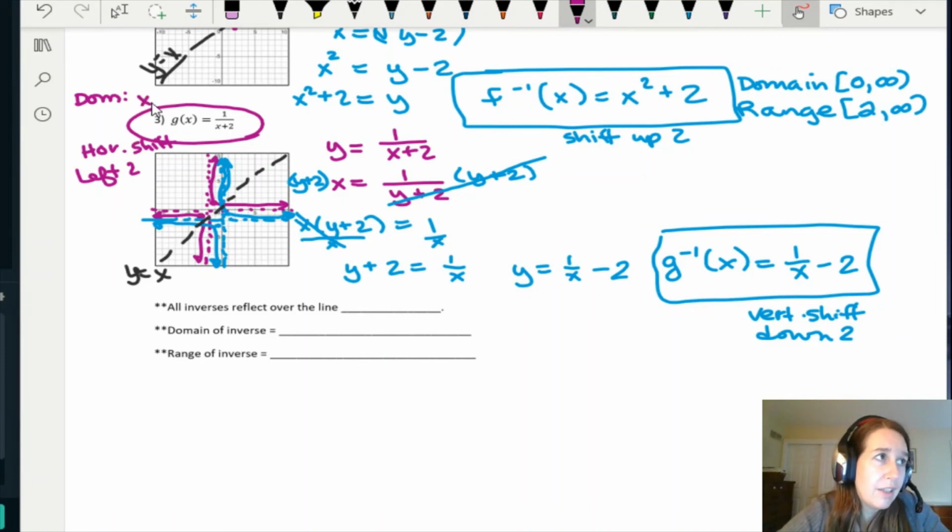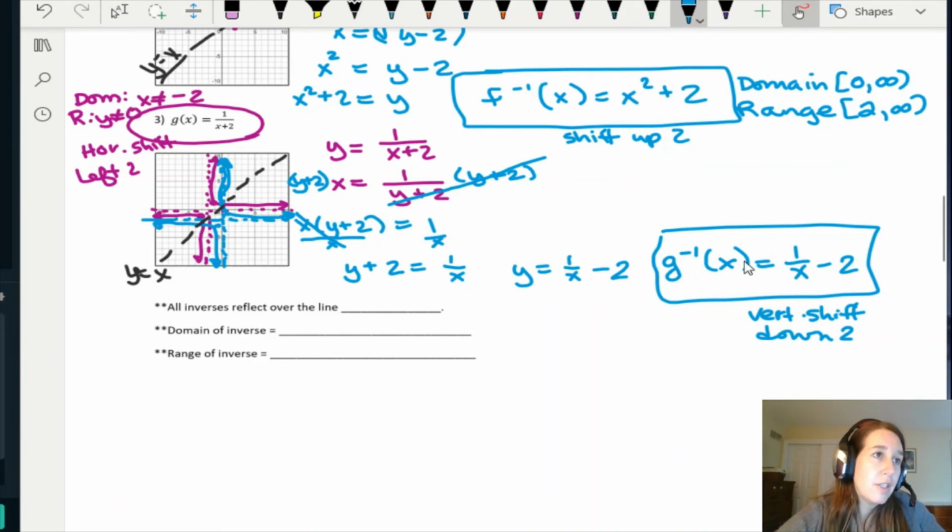So we'll just write it that way just to save time. So we know that x cannot equal -2. We could write it in interval notation or be fancy, but really we know x is every number except -2, and the range, notice that the horizontal asymptote is at 0, so y cannot equal 0.